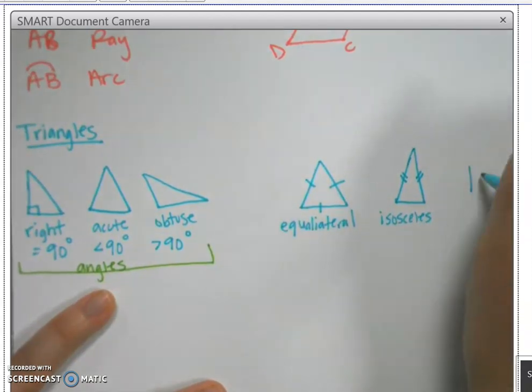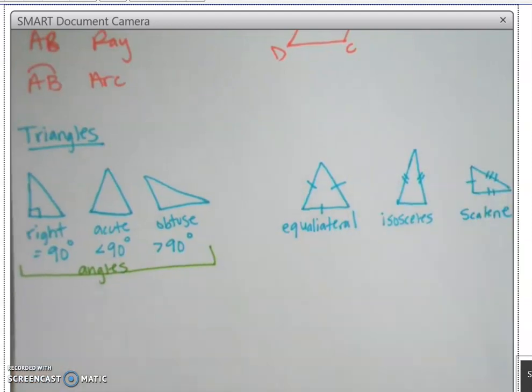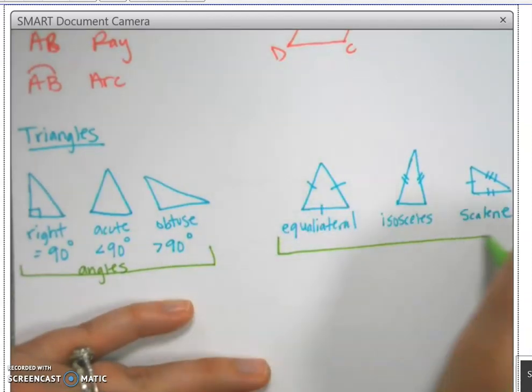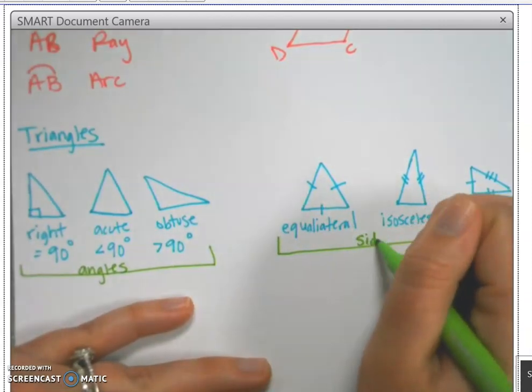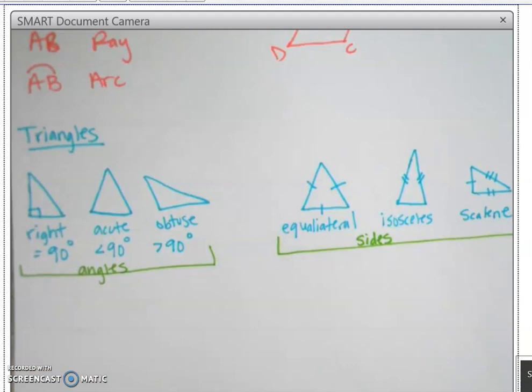And if none of them match, so notice they all have different numbers of tick marks, that is scalene. And like I said, these are all named for their sides. So different types of triangles.